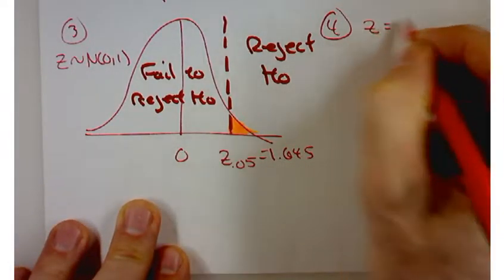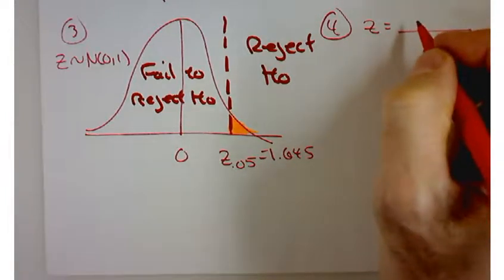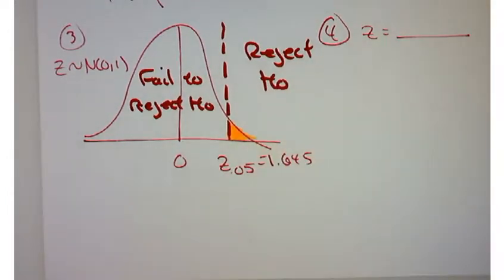So Z equals p hat. That's the proportion of people in our sample that think it's okay to drive with a self-driving car. Just to remind you, that was 29%. So that's your p hat.